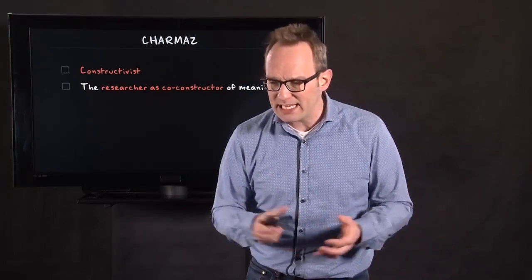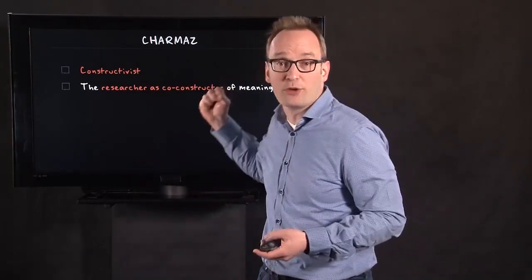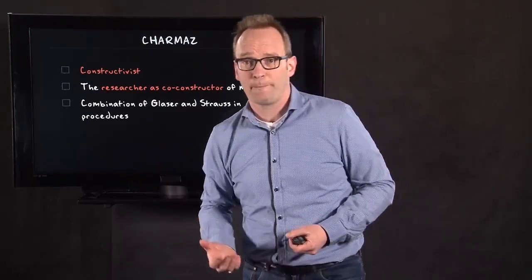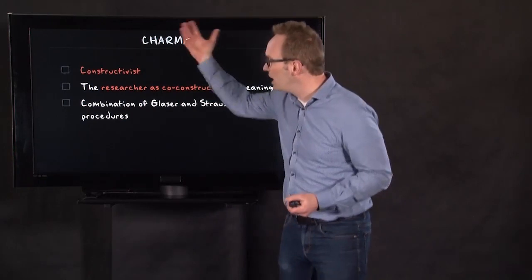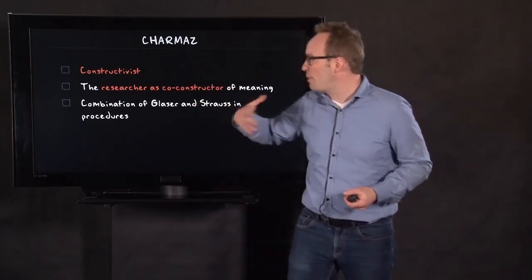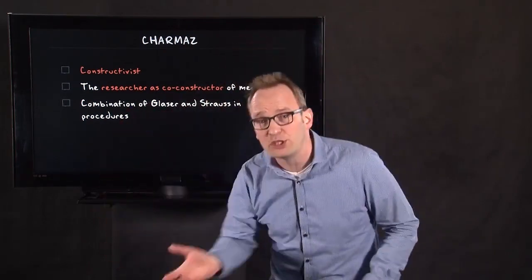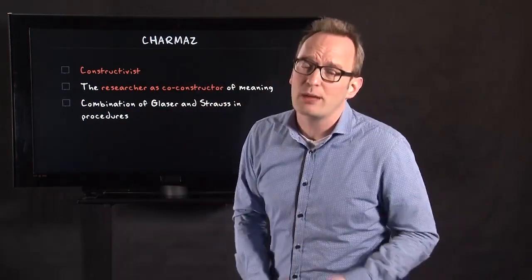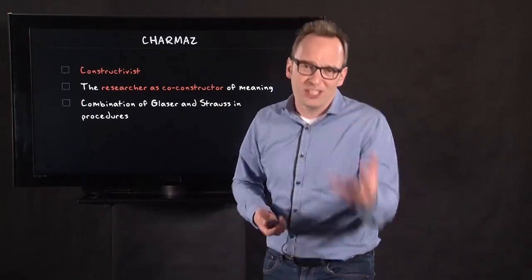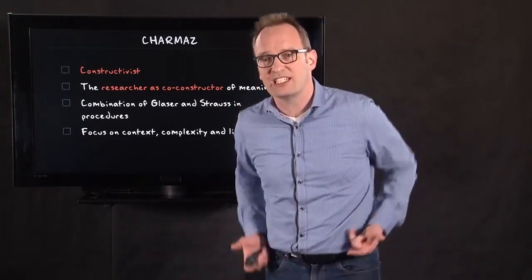So meaning is not objectively pulled out of people. No, it's co-constructed in interactions, for instance. And what she suggests is a combination of procedures by Glaser and Strauss. So there's a bit of open coding and a bit of axial coding in it, but at the same time, she's very open for constant comparison and theoretical sensitivity.